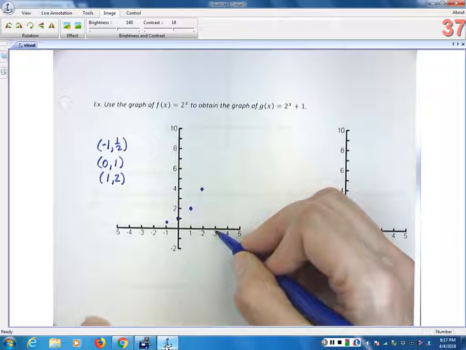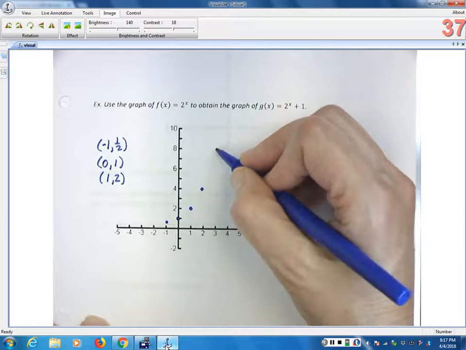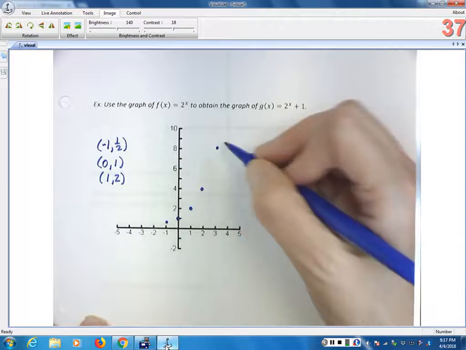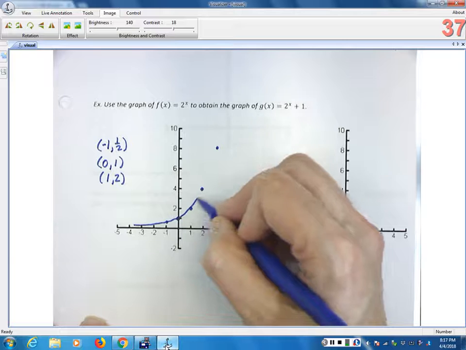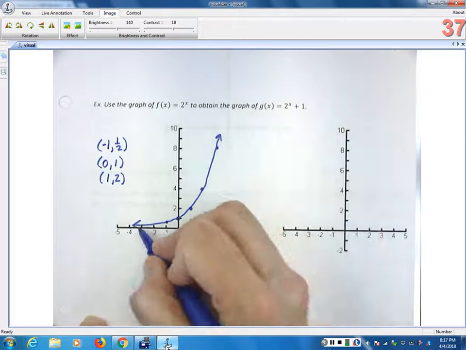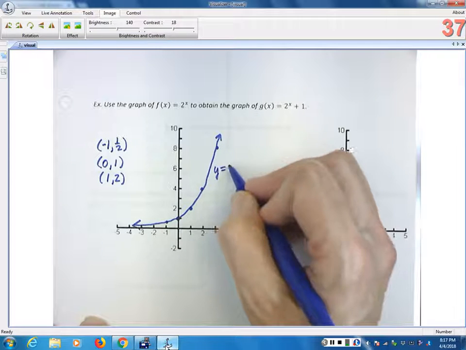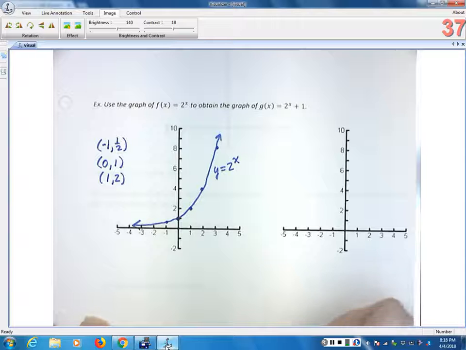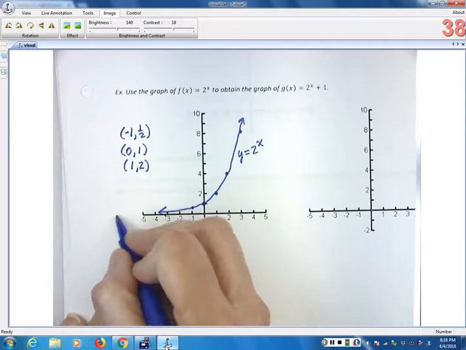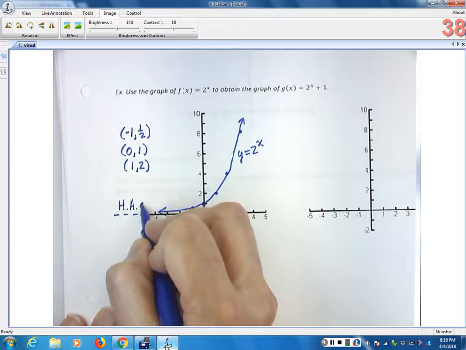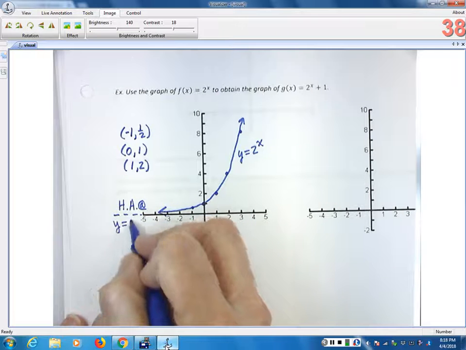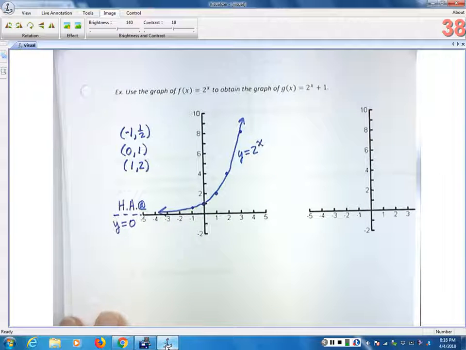If you put in 3, 2 to the third is 8. So we already graphed this. This is y equals 2 to the x, and it has a horizontal asymptote at y equals 0.